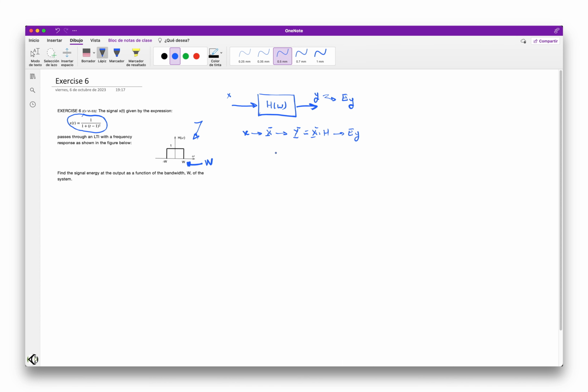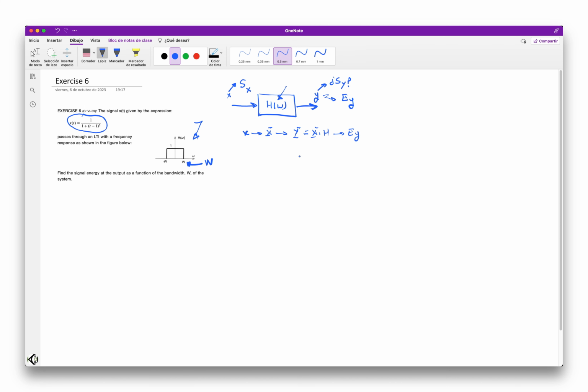But we will take another route here, and we will introduce a very important relationship in linear systems. If you have a certain signal at the input with spectral energy density Sxx, and you know H of omega, the frequency response of the system, and you wonder what will be the energy spectral density of the output.